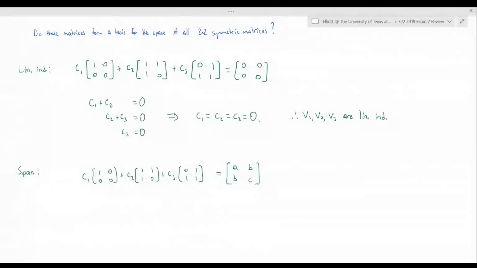So what you do for span is rather than setting this equal to 0, as you do for linear independence, you set it equal to an arbitrary element of the space. So in this case, we're working with 2x2 symmetric matrices, so we set it equal to an arbitrary 2x2 symmetric matrix.